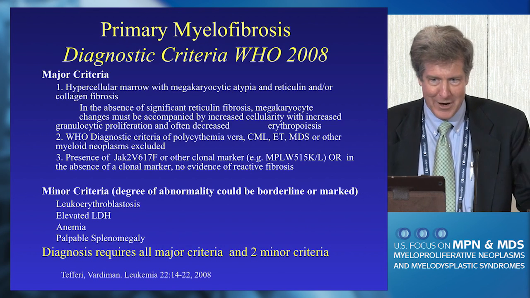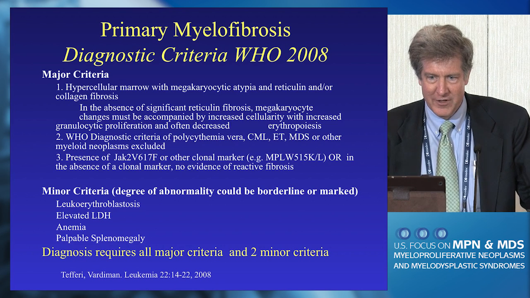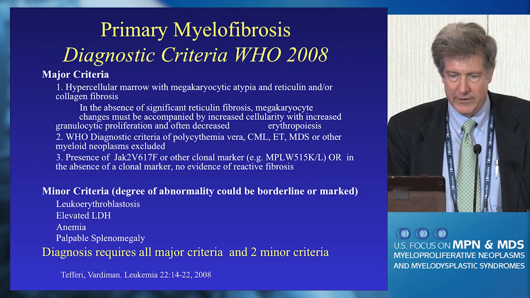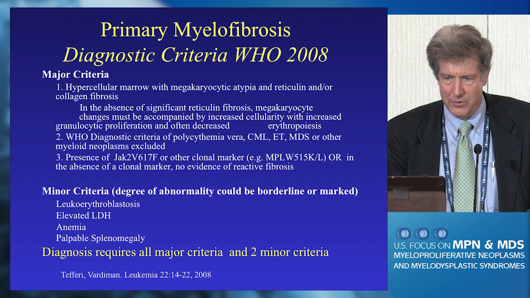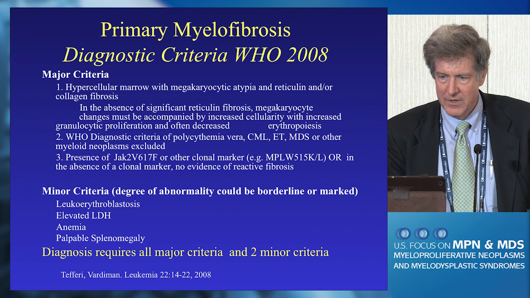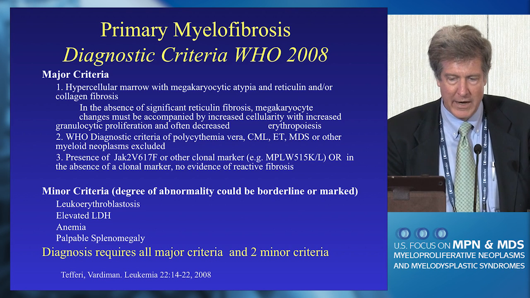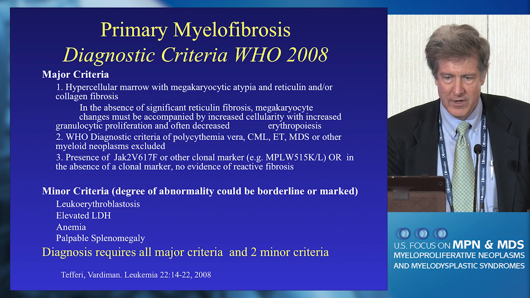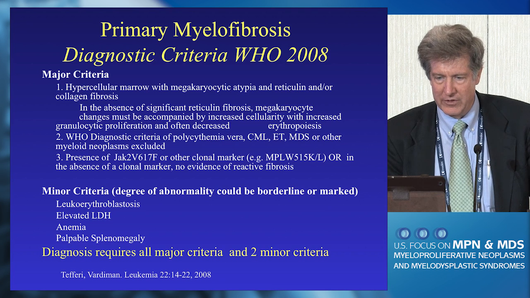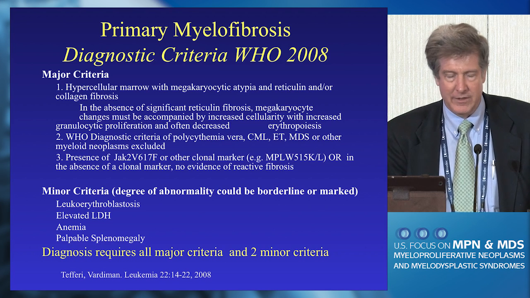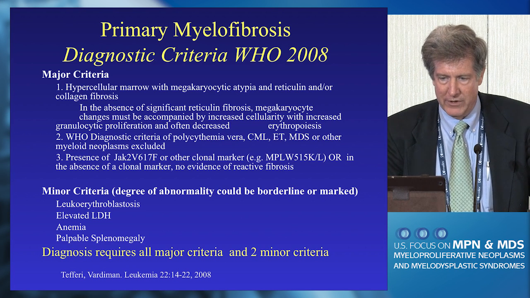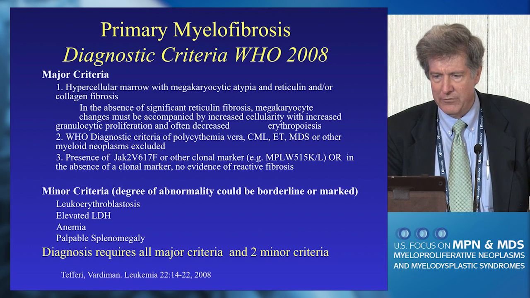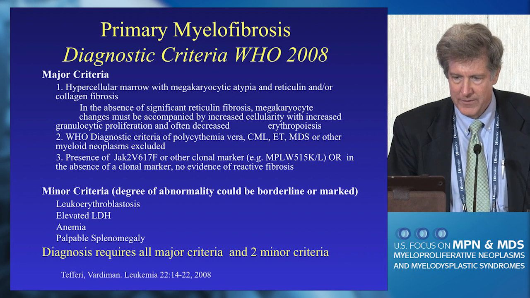Moving on to primary myelofibrosis, the 2008 diagnostic criteria included a hypercellular marrow with megakaryocytic atypia, with reticulin and/or collagen fibrosis. And in the absence of significant reticulin fibrosis, there needed to be megakaryocytic changes that were accompanied by increased cellularity with increased granulocytic proliferation and often decreased erythropoiesis.